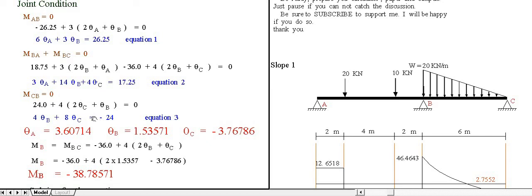Now when you make an equation, be sure you prioritize the alphabetical order of the subscript. Okay, A must come first, then B, then C. So here B must come first, then C. You have 3 equations.